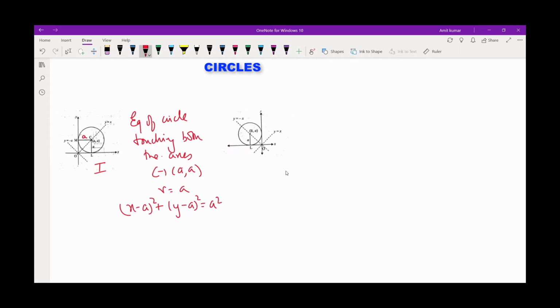But in this case, again the circle is touching both the axes, but my center is in the second quadrant, so my center is here (minus a, a), and the radius is here a. So the equation comes out to be (x plus a) whole square plus (y minus a) whole square is equal to a square. So this is my second case when the center is in the second quadrant.